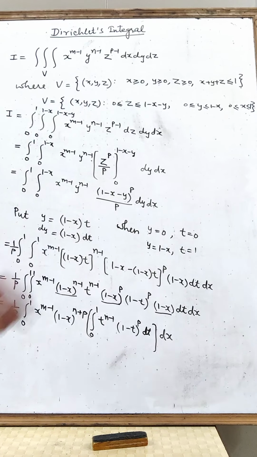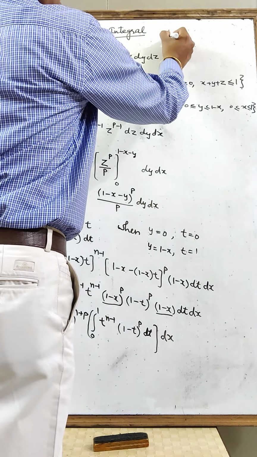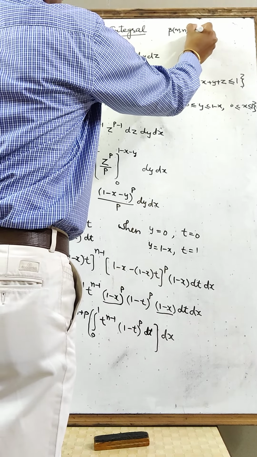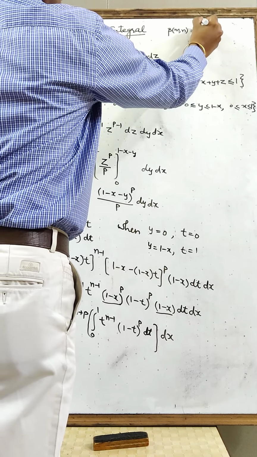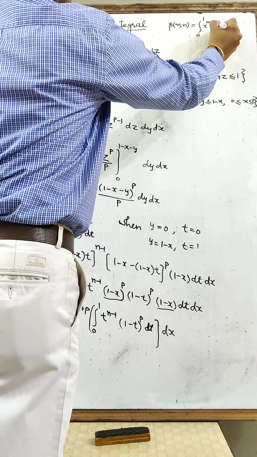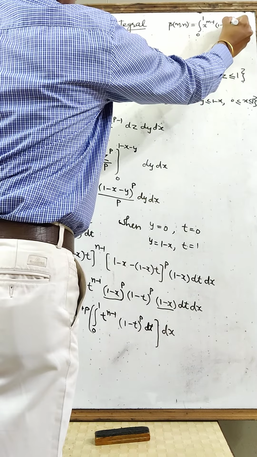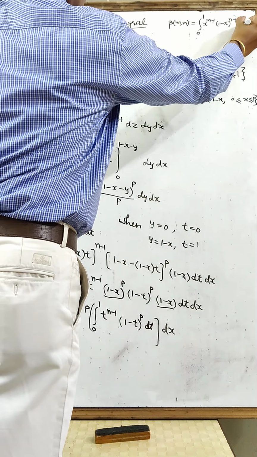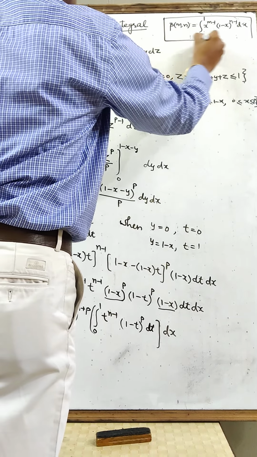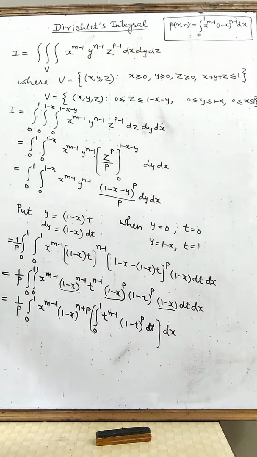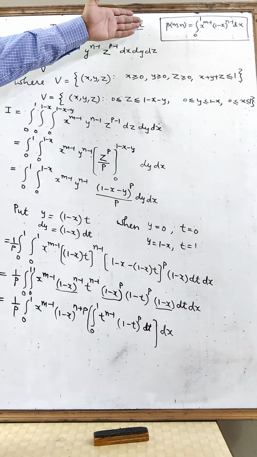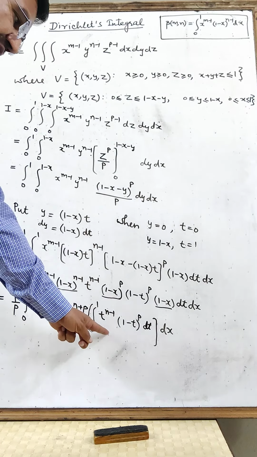Now students, we know the definition of beta of m, n. Beta of m, n is equal to integral 0 to 1 x raised to the power m minus 1, (1 minus x) raised to the power n minus 1, dx. I think you know the definition of beta function, and even you can check it out in our earlier lectures. So we are using the same here.